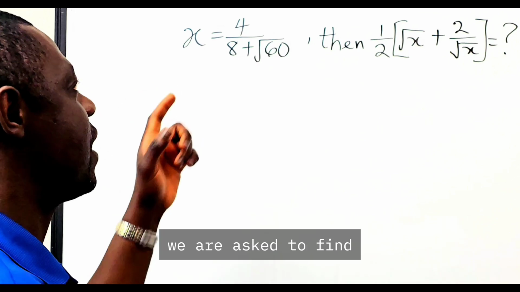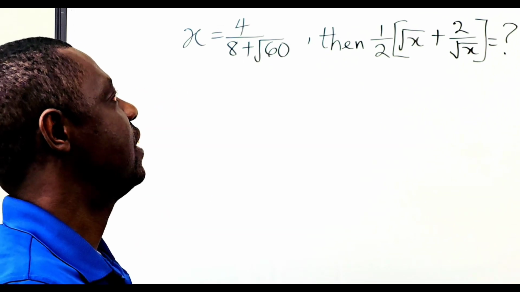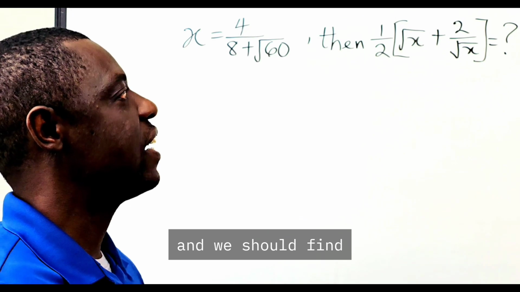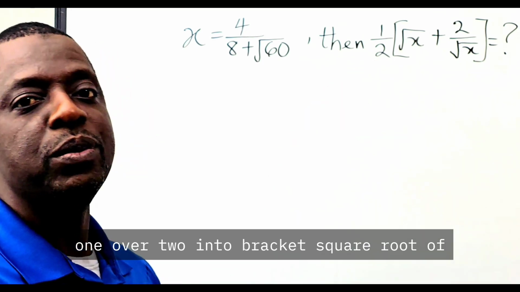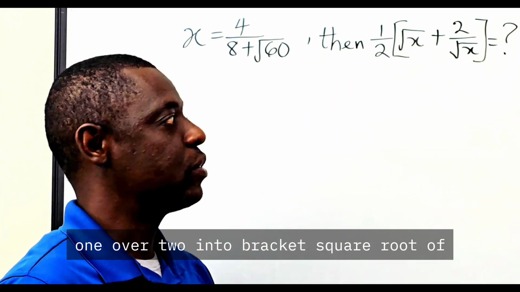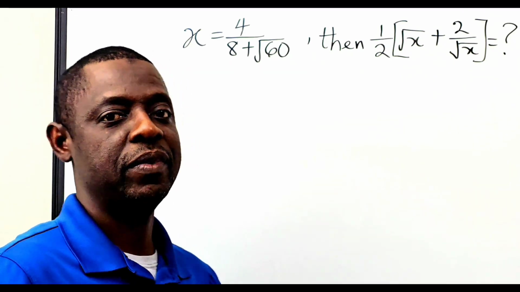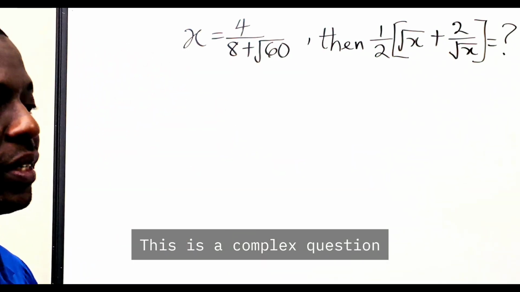Today, we are asked to solve this question, and we should find 1 over 2 into bracket square root of x plus 2 over square root of x. This is a complex question.